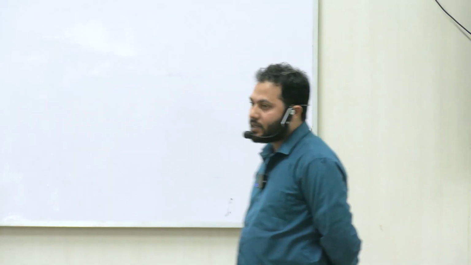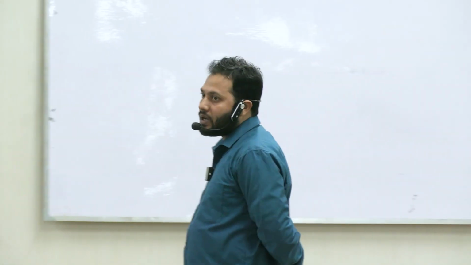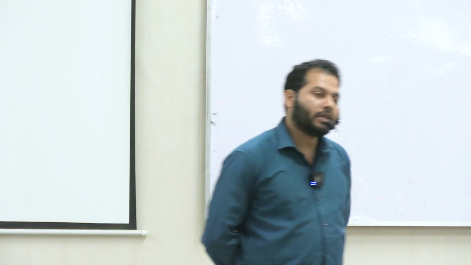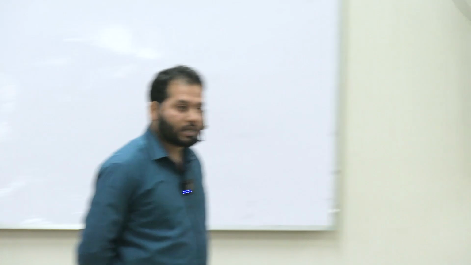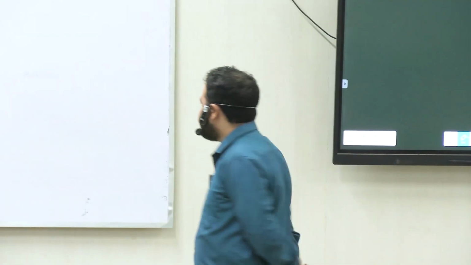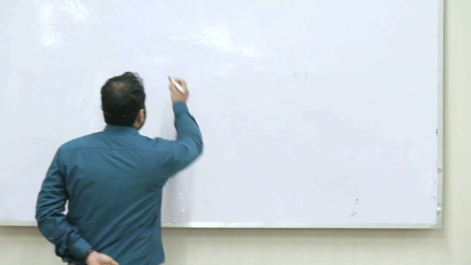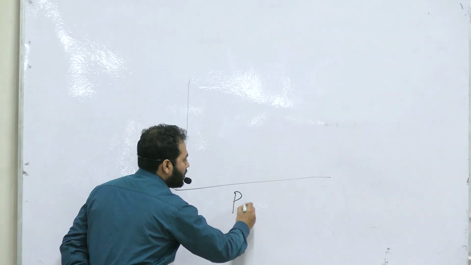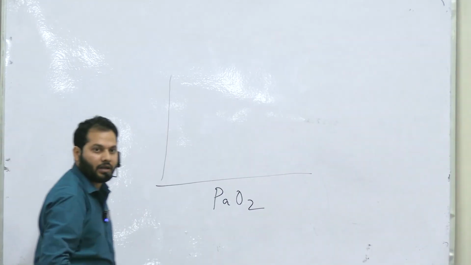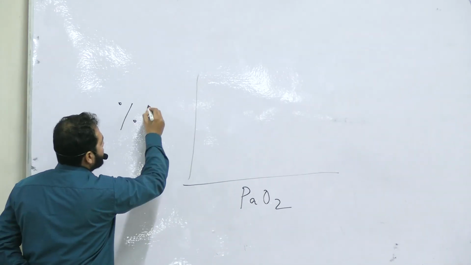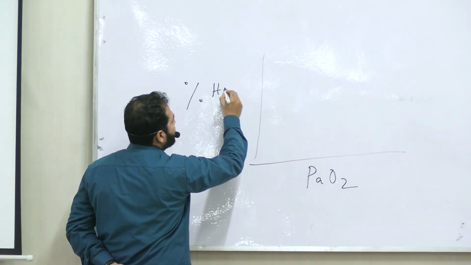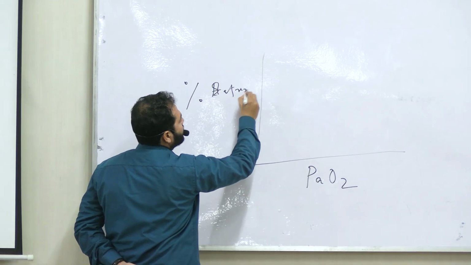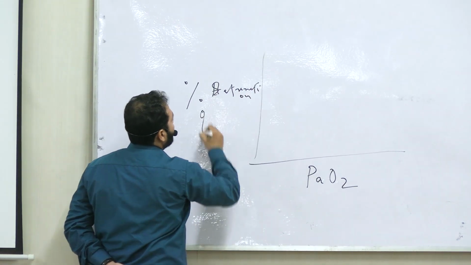In some cases, the graph shifts towards the right side of the normal curve, and in other cases it shifts towards the left side, right? For example, this is the partial pressure of oxygen and this is the partial saturation of hemoglobin.